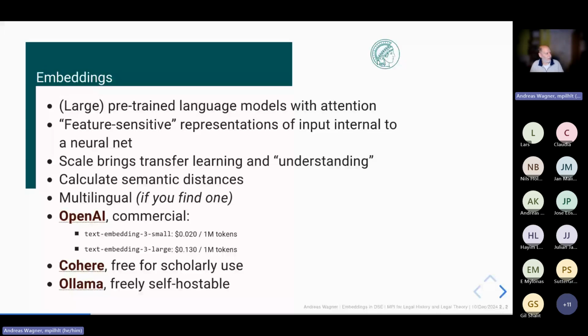That's this old example from the Word2Vec program from a couple of years ago, with the king and the queen. I don't know if maybe we can talk about it afterwards.